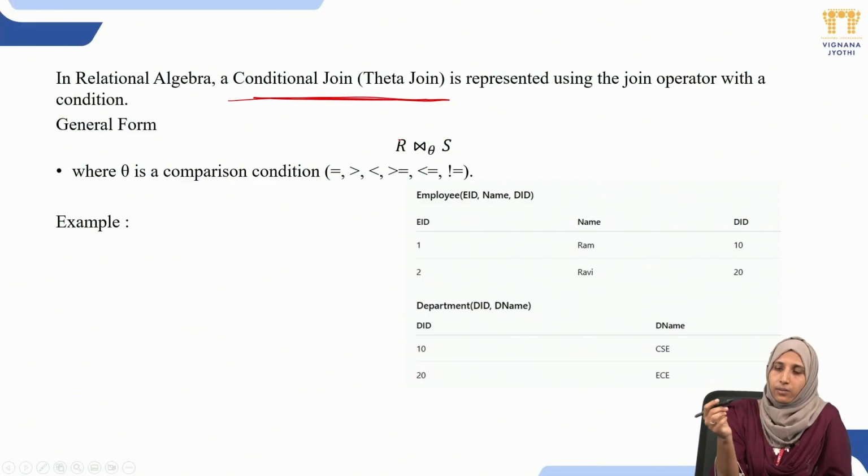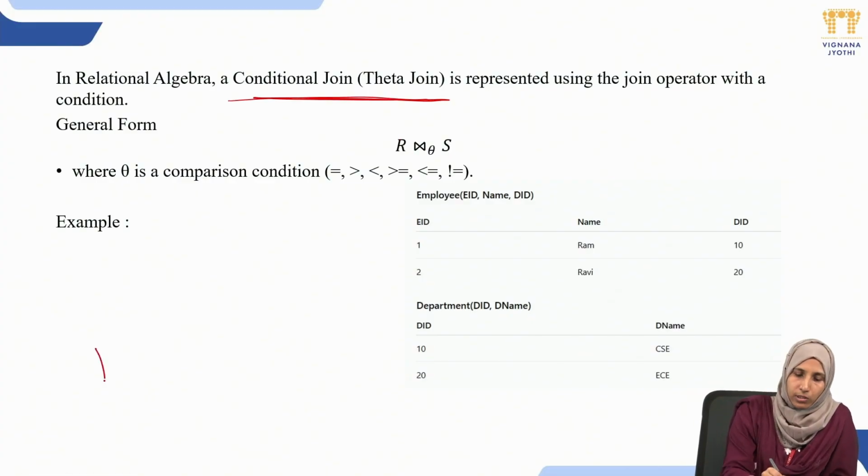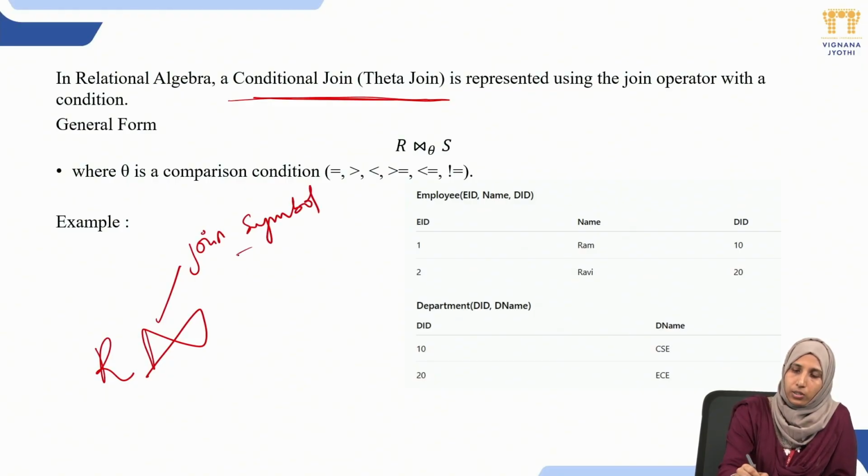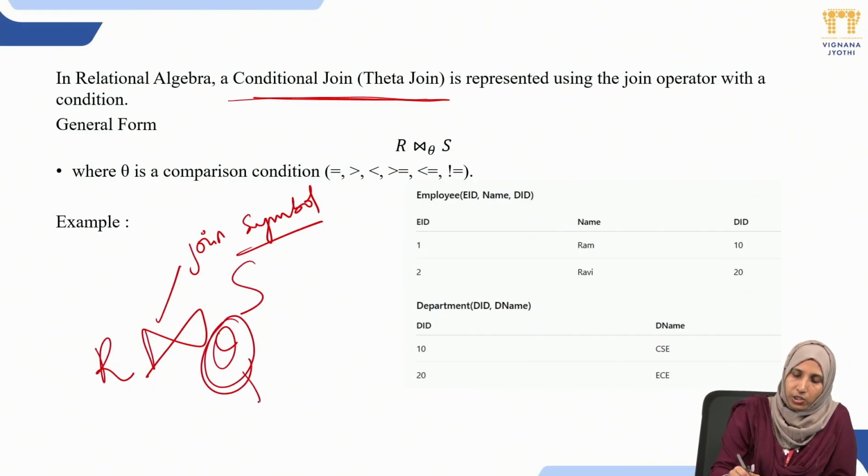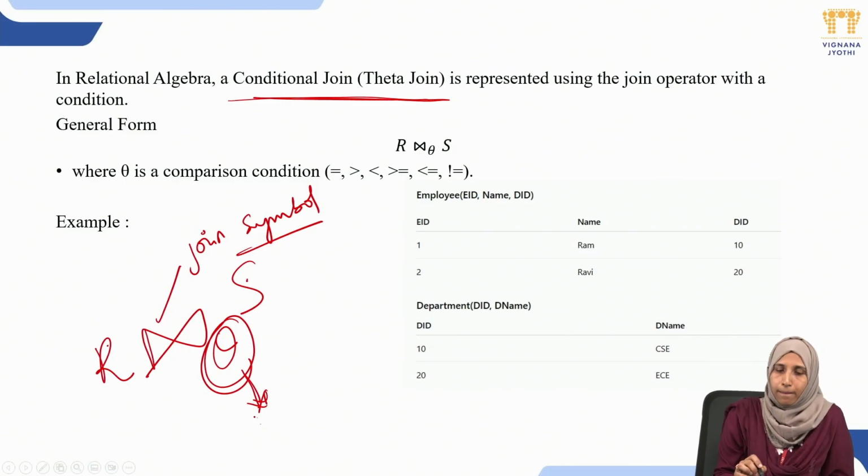R is my first relation, S is my second relation. I'll use this join symbol between R and S in relational algebra. Here I'll mention the condition, in place of theta, on what condition I want to join R and S. That is why we sometimes call it theta join.